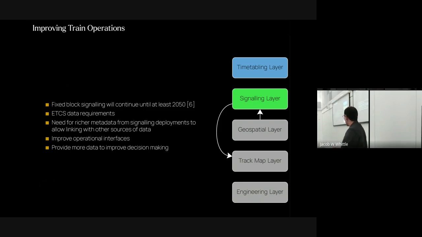Though the data requirements for ETCS we're already seeing on the East Coast: there's been a lot of work on improving the quality of data and acquiring more data and making it available, which may well lead to improvements in this space. Being able to link data from signaling deployments directly with other data sources, such as the other network models, the train planning, the track center line, for example, will be quite valuable. And the key value in all of this will be improving the interfaces available to operators and giving them more data to improve decision making.